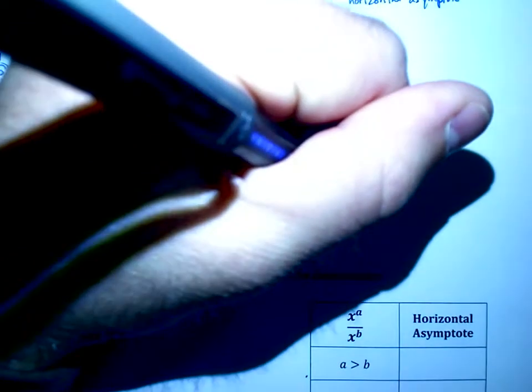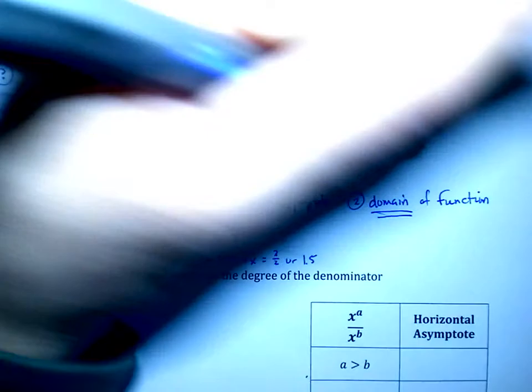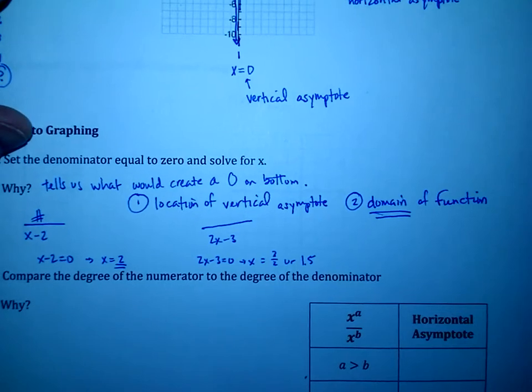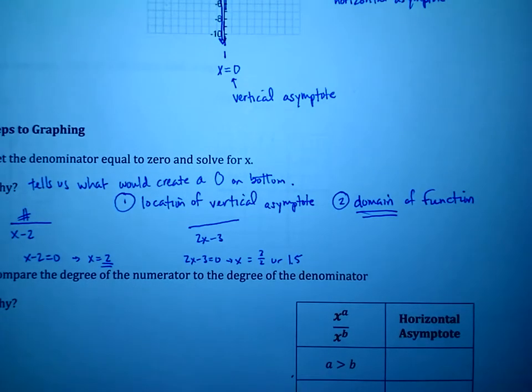That also tells us that the domain of the function can be determined from this. Remember, domain refers to x values. What x values are okay?